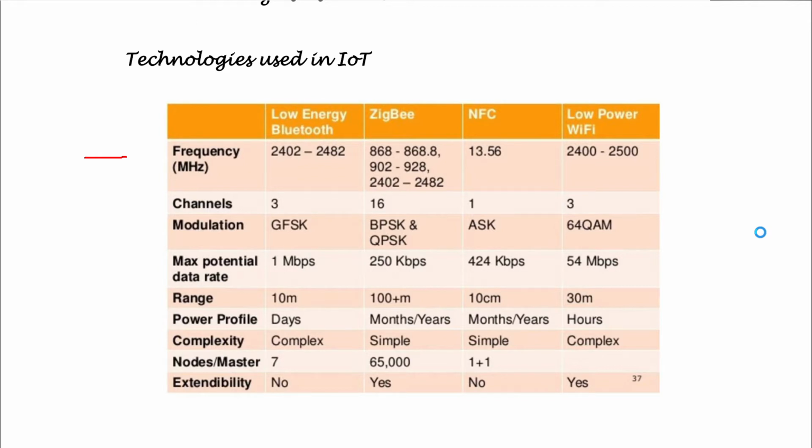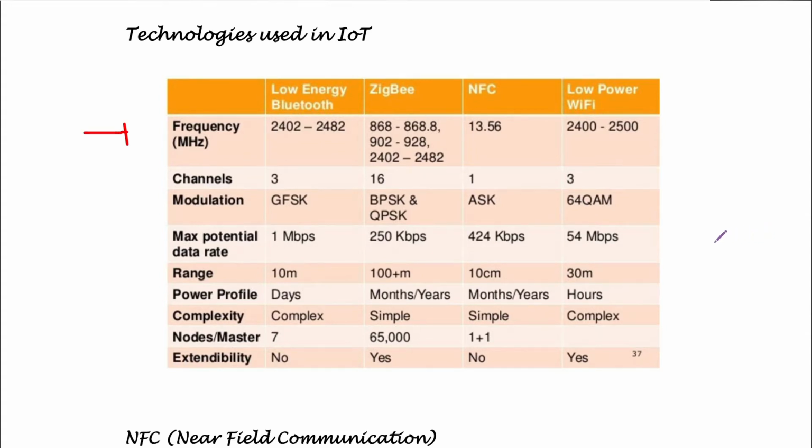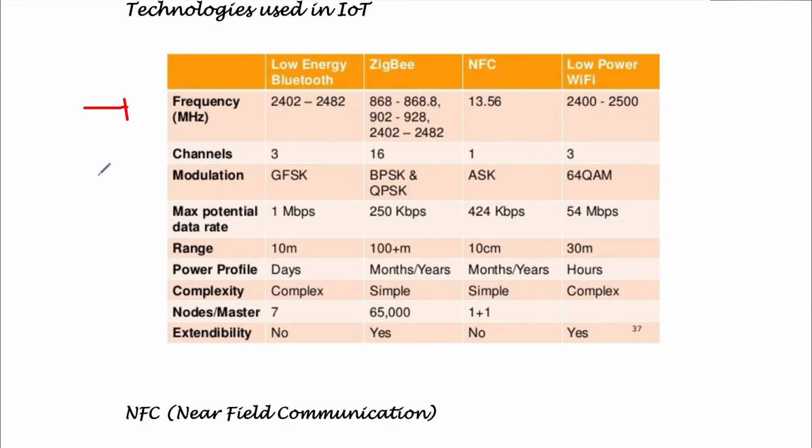Zigbee has multiple bands. NFC is 13.56. Low power Wi-Fi is again 2400 to 2500. You can see the number of channels as well: 3, 16, 1 and 3 again.